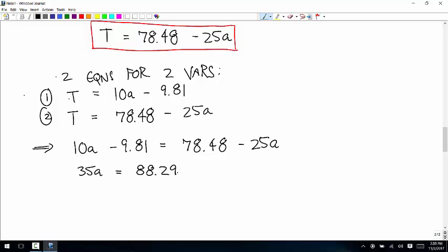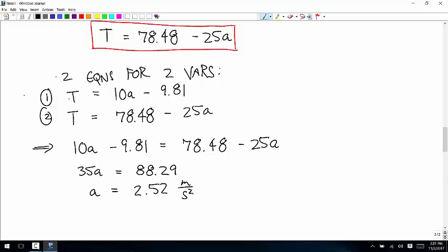And so then just divide by 35, and what do you get for a? 2.52 meters per second squared.